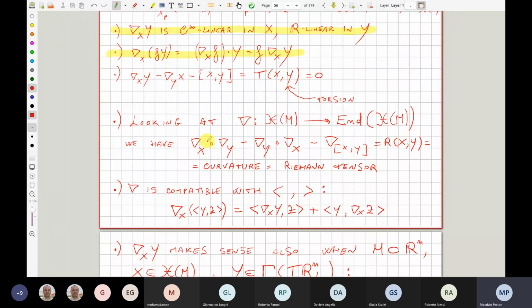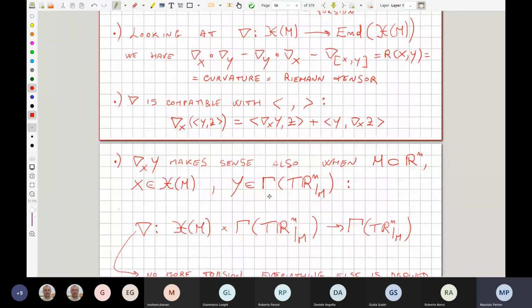Anyway, this is what we mean when we say that this tensor is of type 3-1, 3 vectors and 1 form. Or when we say that this tensor has 4 indexes, 3 are below and 1 is above, or the opposite. I never remember which of the two. I think what I said.